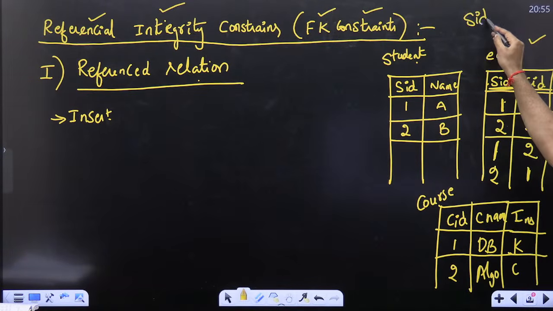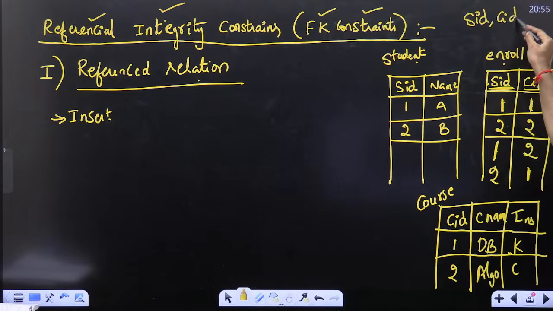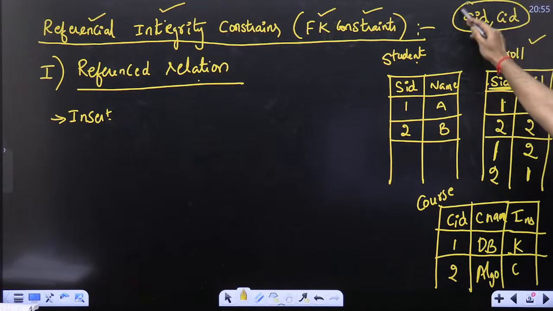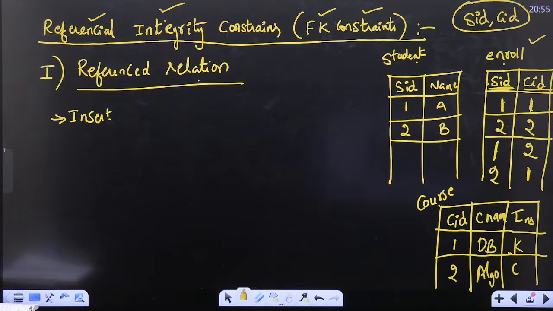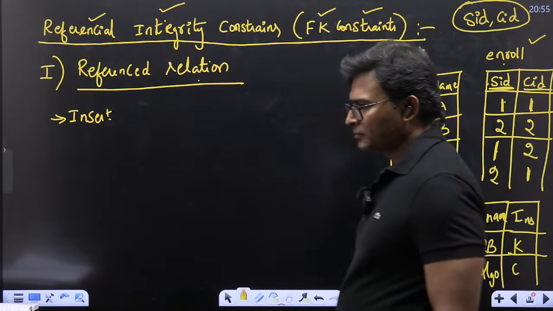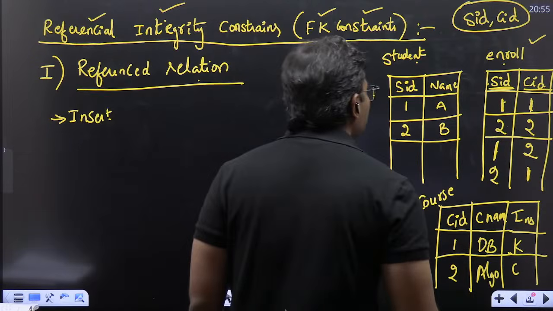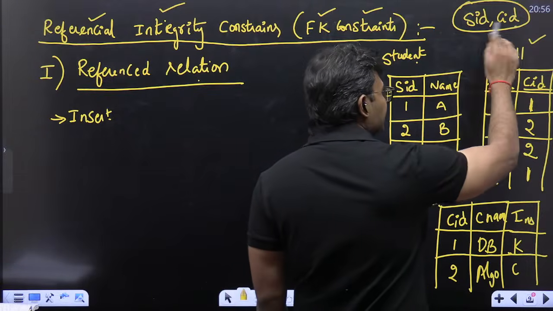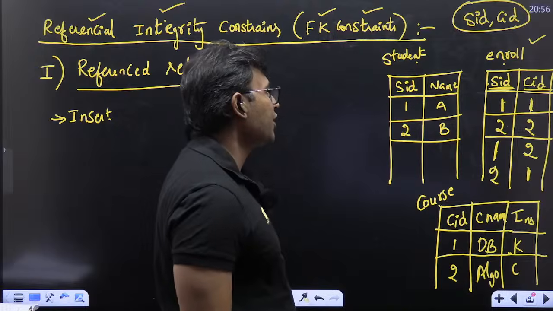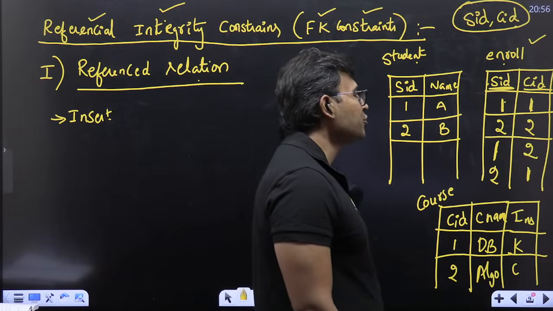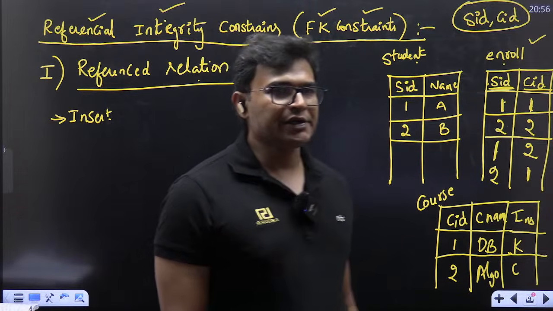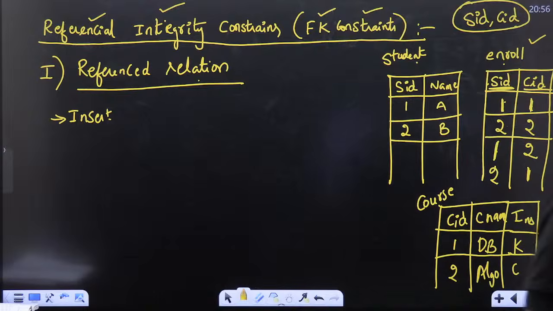A combination of SID and CID can be a primary key, right? We have seen earlier also such a model where a combination of more than one attribute is the candidate key.